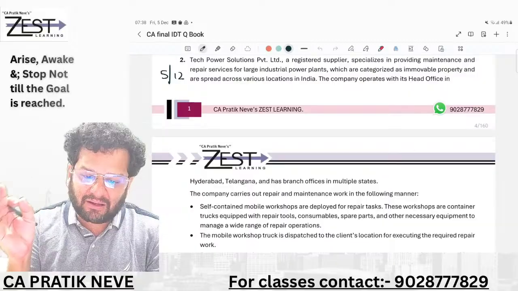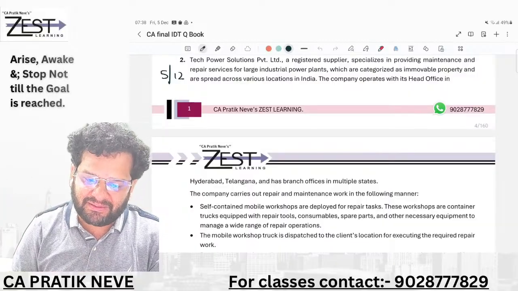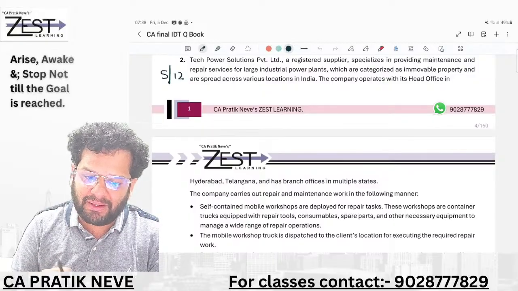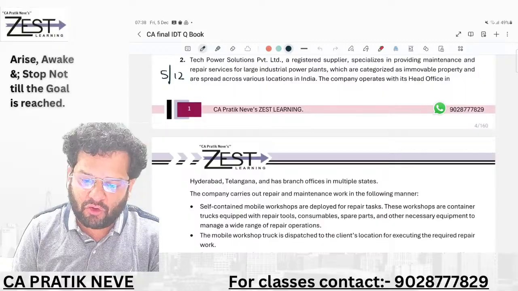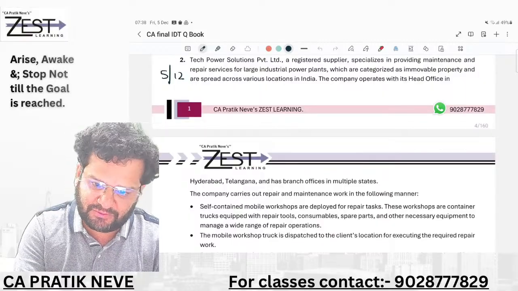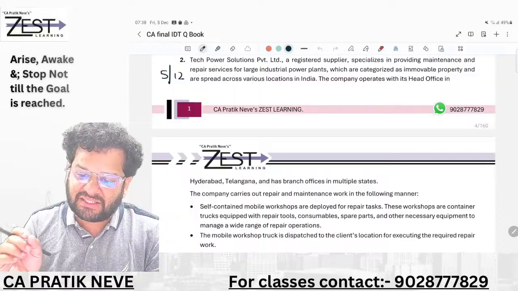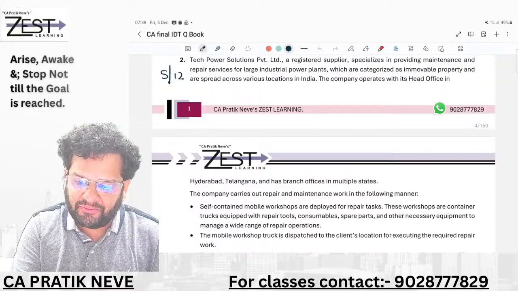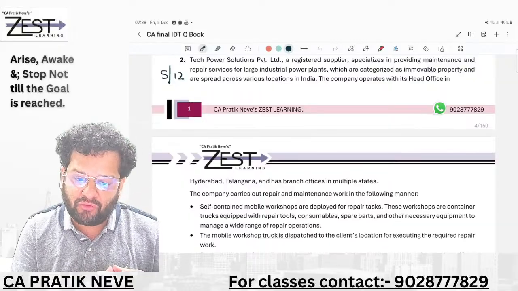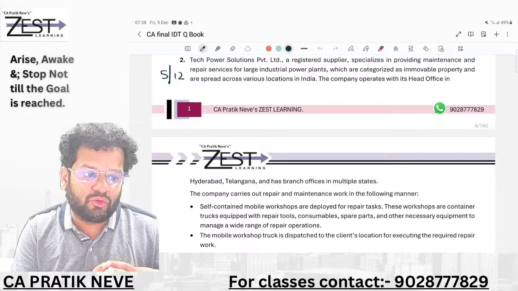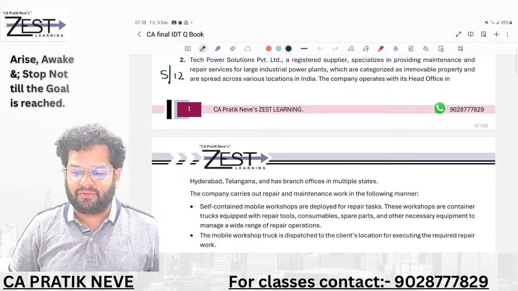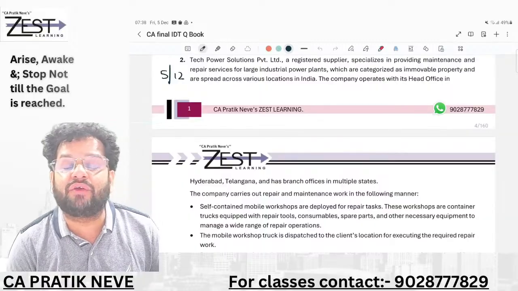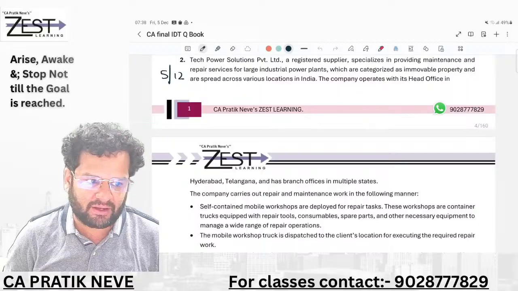Tech Power Solutions Private Limited, a registered supplier, specializes in providing maintenance and repair service for large industrial power plants, which are categorized as immovable property and are spread across various locations in India.